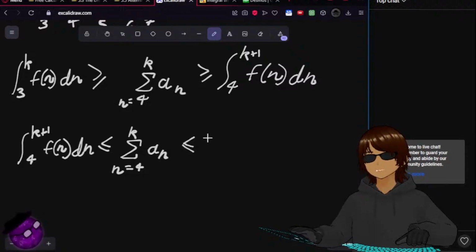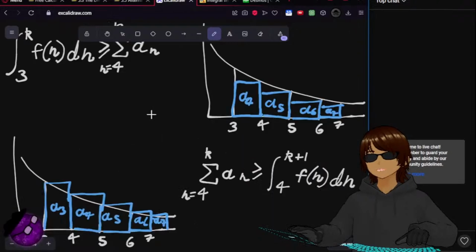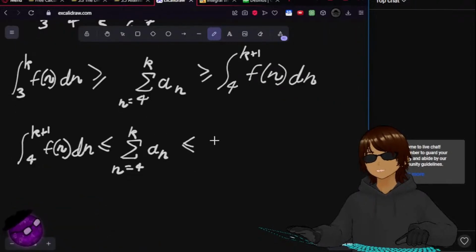And then for this one we can start it from 4 and then we can add A4 separately. So what I mean is, instead of from 3 we can do 4.